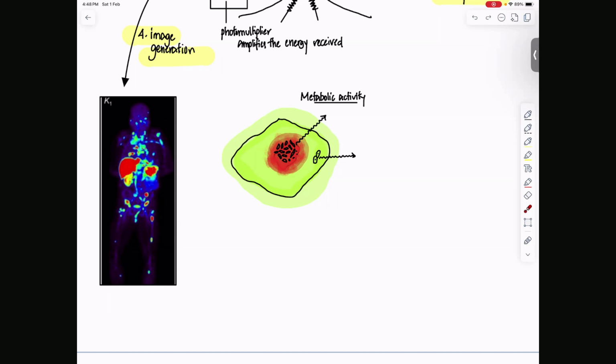What hospitals in Bangladesh actually have a PET scan? I know one hospital, but let me check. So this hospital, Evercare, they have one. I think the only one. I'll check anyway.